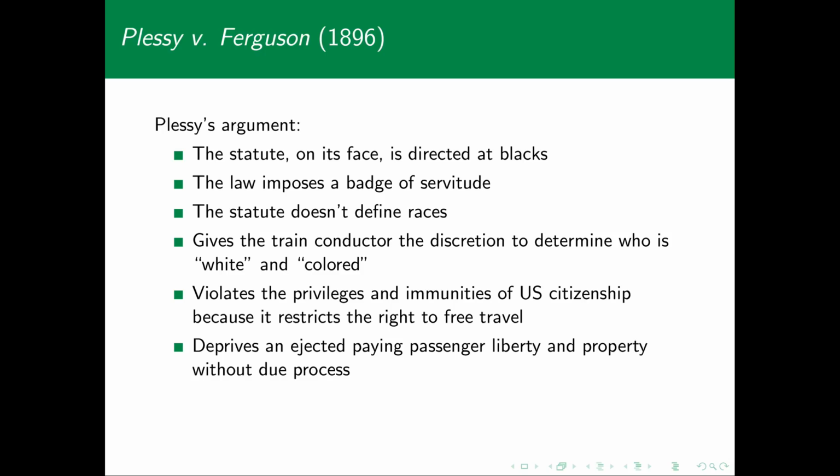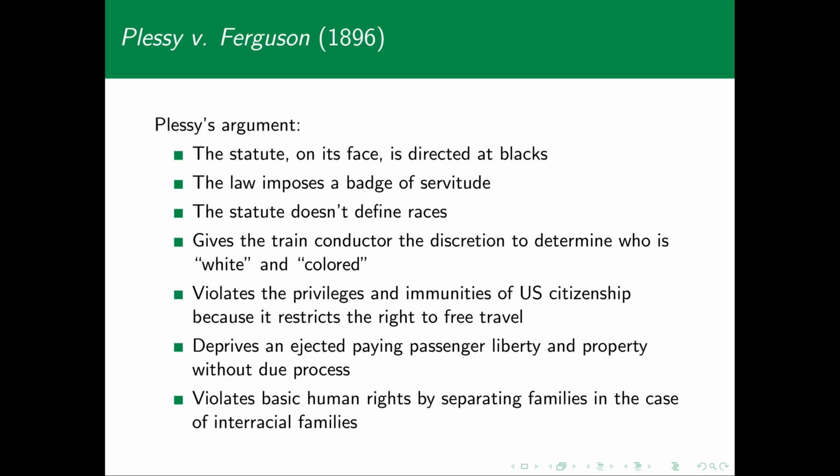So they're depriving Plessy of his liberty and property without due process. So I don't know exactly how the court would have decided on rights there, but they're making a due process claim. And they're also sort of taking a buckshot approach here, saying there are human rights to be with one's family, and if there are interracial families, it's violating these basic human rights by separating them.